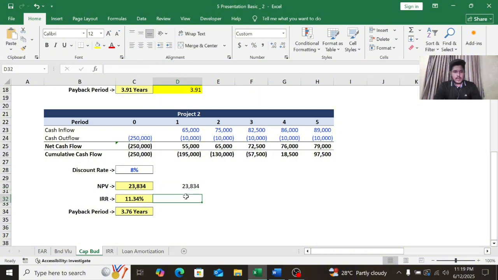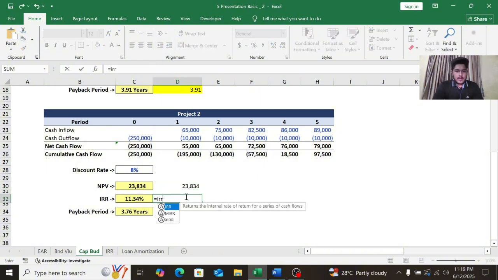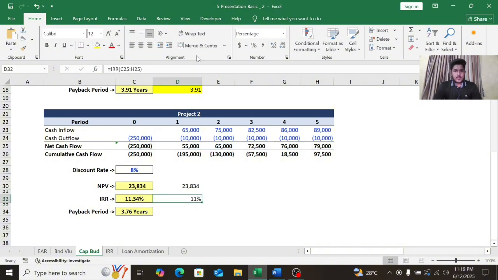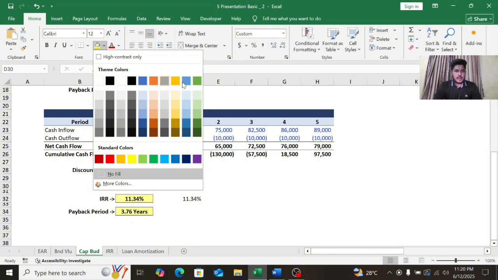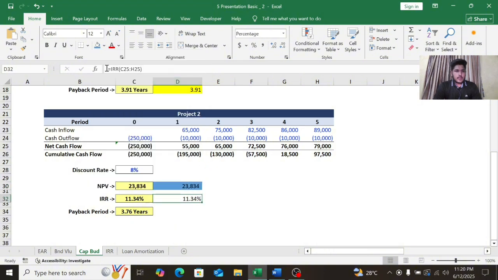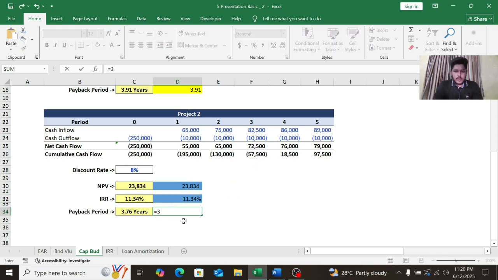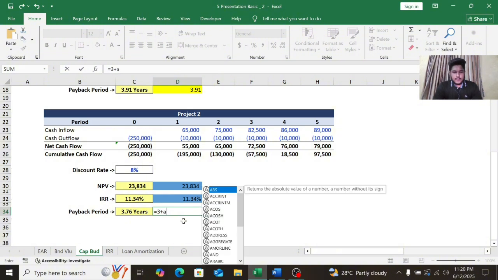Now if we want to calculate the IRR, we'll simply use the IRR formula. The values are the total net cash flows generated by the project, and the rest will be up to Excel. So it is 11%, and if we want to take it as a percentage with 2 decimals, we can highlight it with blue. For our payback period, the negative values end at 3, so we're going to use 3 plus the absolute value formula.